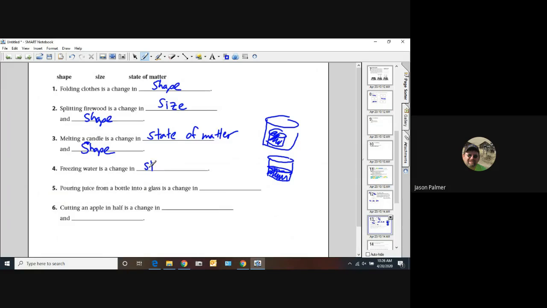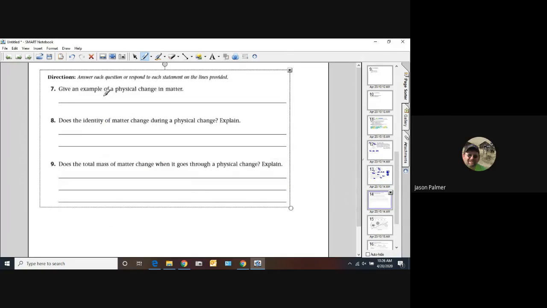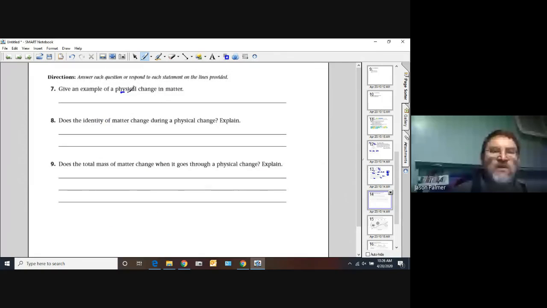Okay, freezing water is state. Orange juice is shape. Cutting an apple is shape. So again, physical change in matter.